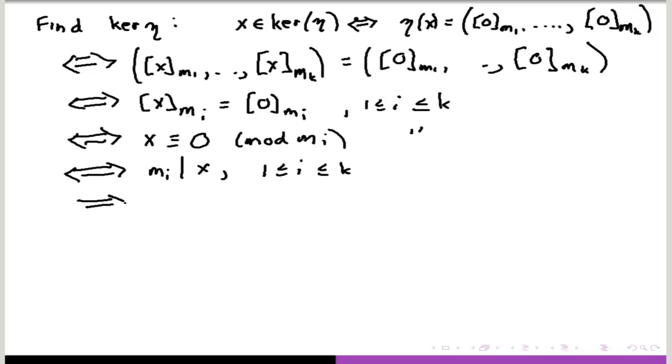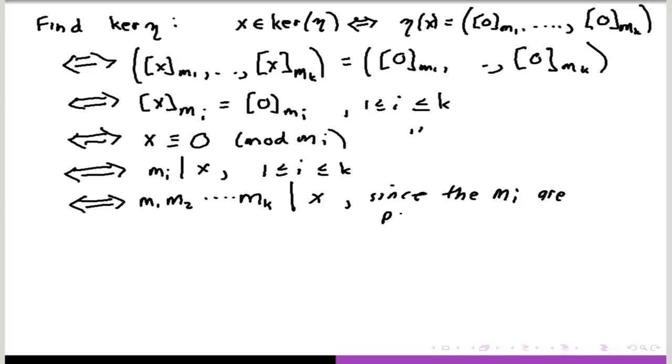So this is in turn equivalent to saying that m1 times m2 times ... mk is a divisor of x, since the m sub i are pairwise relatively prime, which is equivalent to saying that m is a divisor of x, since that's the definition of m.